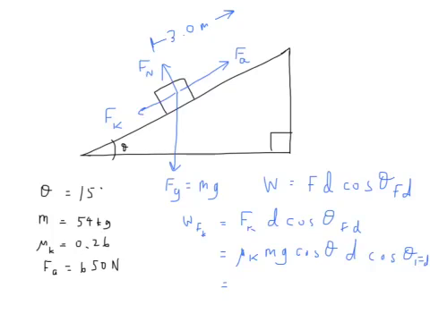So it comes to this: 0.26 times 54, the mass, times 9.81, times the cosine, and this is so tricky because there are two different angles. Here we plug in 15, and I'm running out of room, so let me do this instead. I'm going to write d over here.